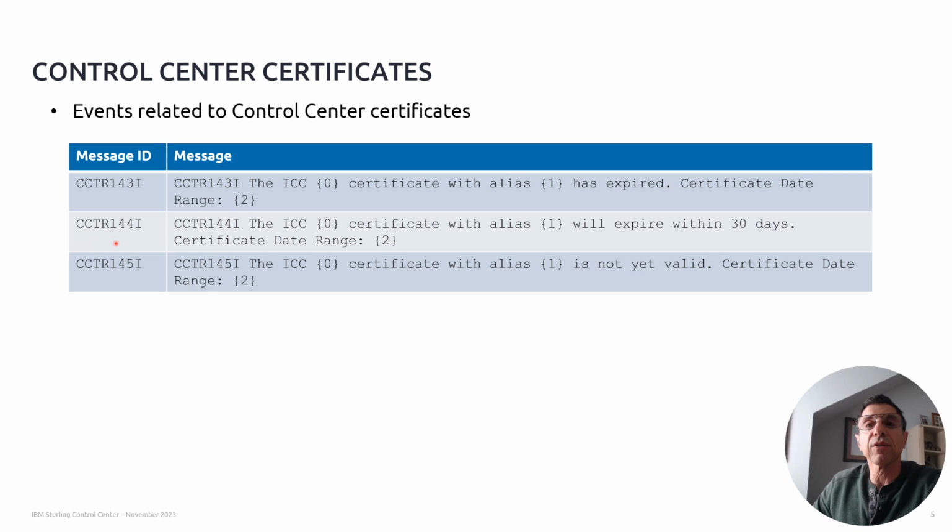The second one, the CCTR144I, that will be generated if one of your key or trust store certificates is going to expire in less than 30 days. It's just a hard-coded 30 days. And this last one, the CCTR145I, that means we found a certificate, we being Control Center, that isn't even valid yet. One of those don't use before dates.